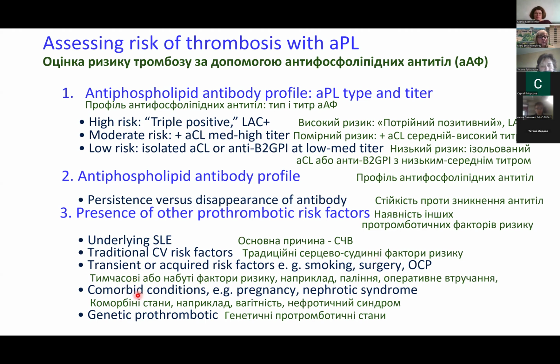So there are other comorbid conditions other than autoimmune conditions, including pregnancy and having nephrotic syndrome from, perhaps, IgA nephropathy, or other causes of nephrotic syndrome. And then anything that is going to cause genetic predisposition to having thrombosis, like the mutation in prothrombin 20210, so they become prothrombotic, factor V Leiden, etc.